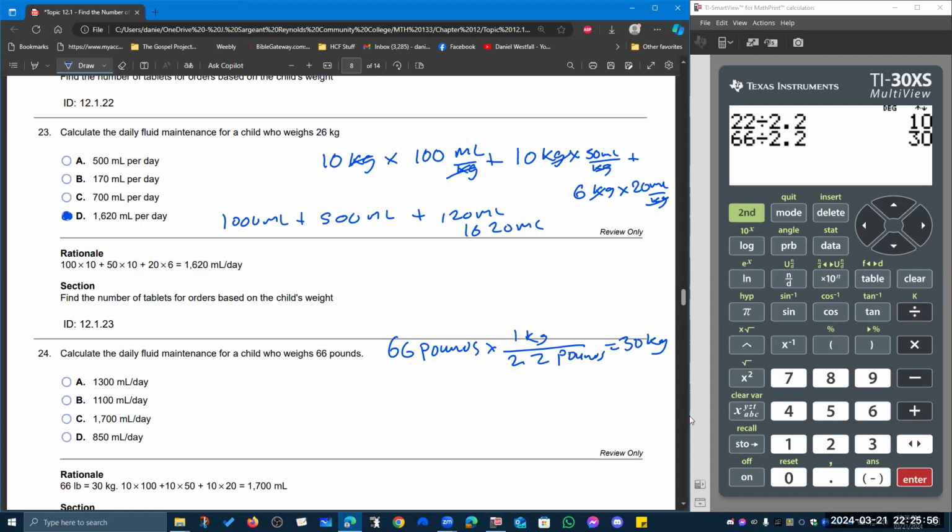So 1,000 plus 500 gets us past the first 2 that are completely full. Then another 10 times 20 is 200. So 1,700 milliliters a day.